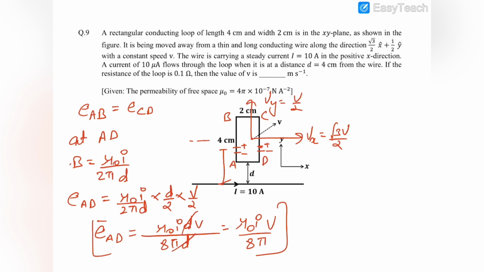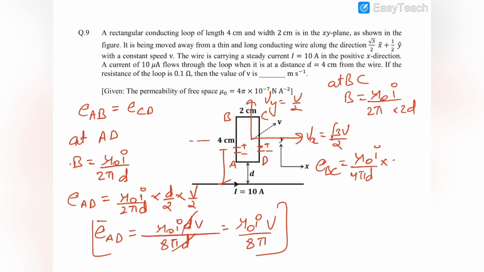So we can say that at BC, the magnetic field will be equal to mu naught I by 2 pi into 2D, and the EMF in BC will be equal to mu naught I by 4 pi D into length D by 2 and velocity is again V by 2.